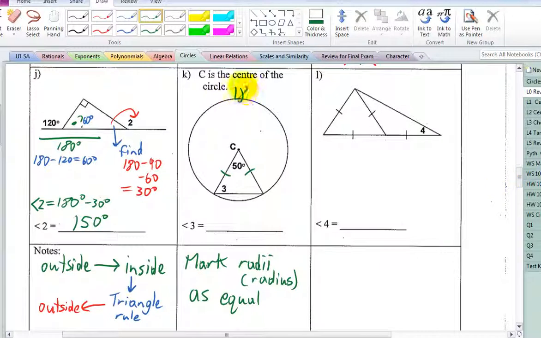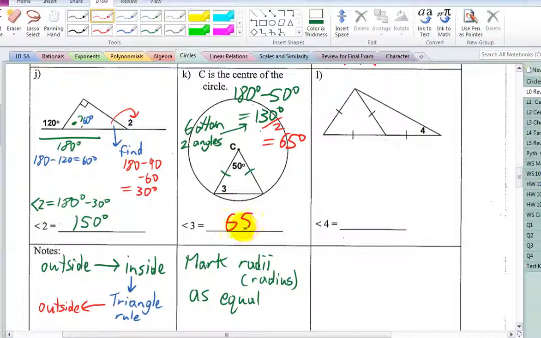Take 180 degrees, and minus 50 degrees. That's going to be the bottom 2 angles. Now you got to split it into 2 equal angles. So divide by 2, 65 degrees. There you go. You still get the mark right if you make it a degree thing colored in. Half mark off.